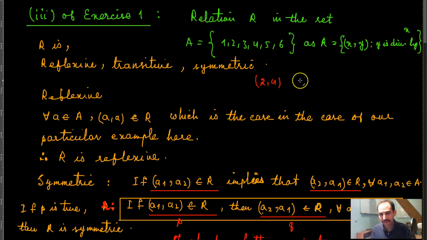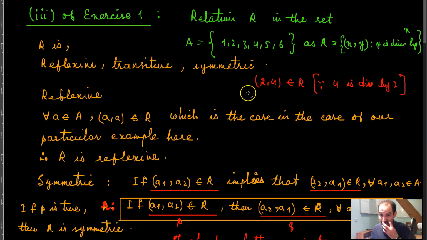Then of course 2, 4. Now let me write it this way. So this would belong to R, of course, because 4 is divisible by 2, right?